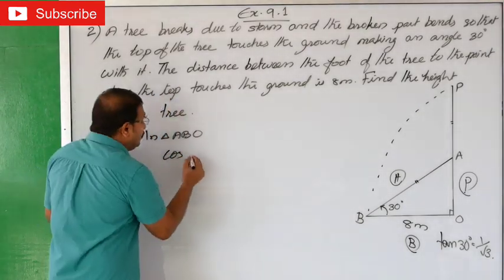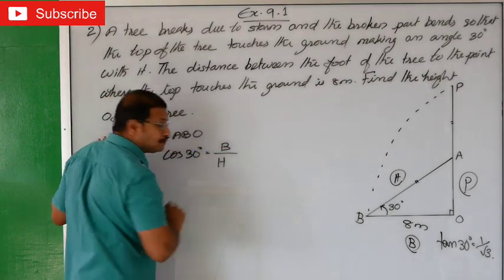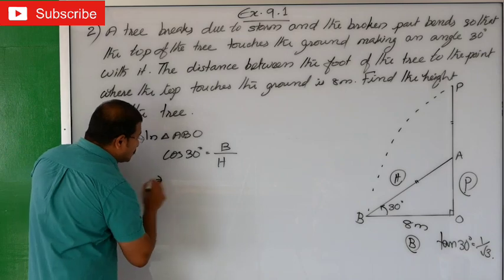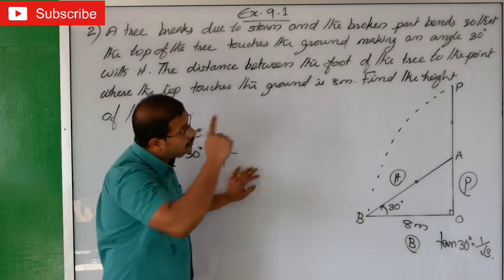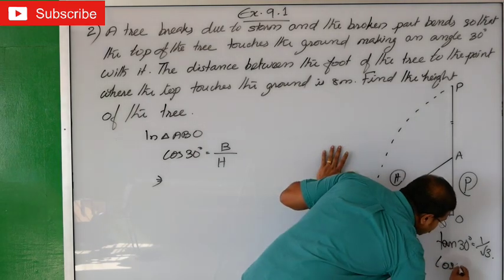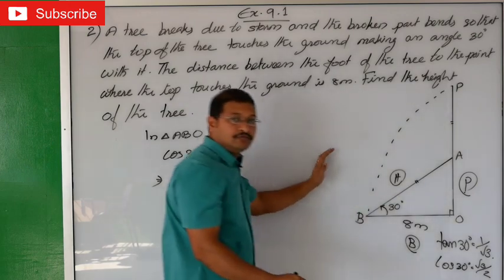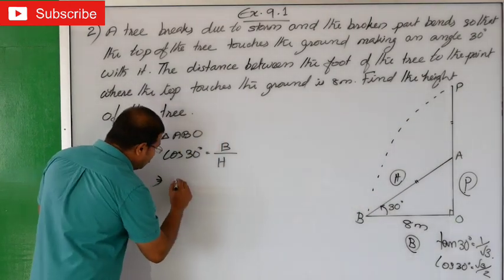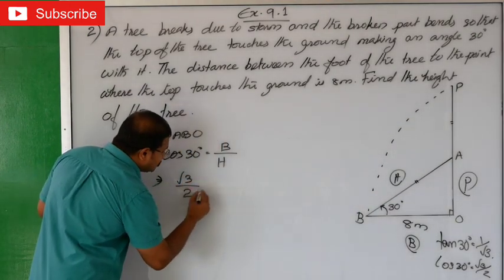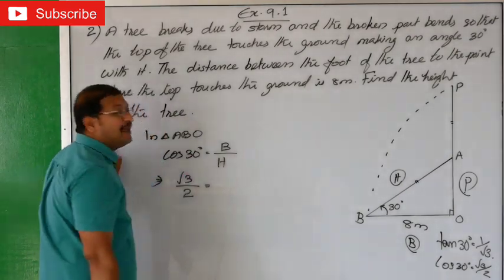Here we'll write cos 30 degree equals base by hypotenuse. So what is the value of cos 30? Yes, we have to see the table, isn't it? So cos 30 degree equals root 3 by 2. Ready? So we'll put that value here, root 3 by 2 in place of cos 30, equals base.